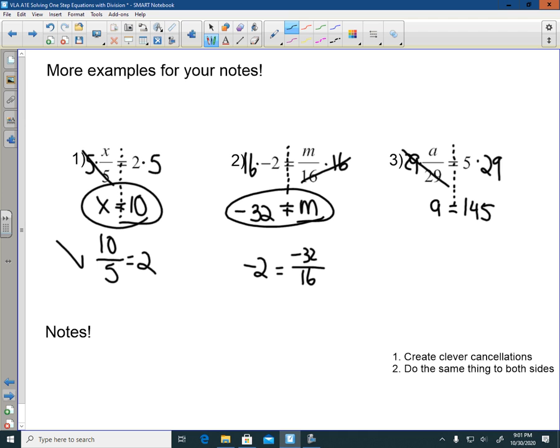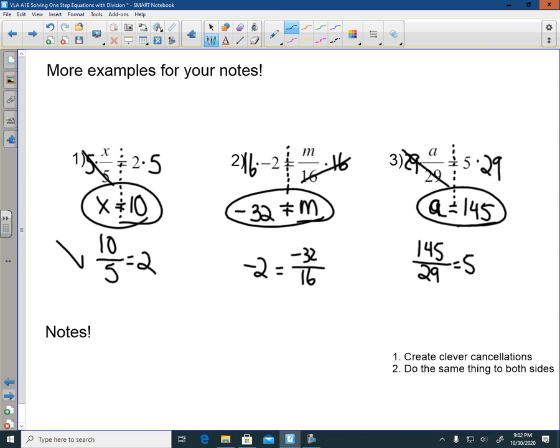Are we right? Is 145 divided by 29 equal to 5? Well, let's see. 145 divided by 29. Sure enough. And so we have the correct answer. That looks a little like a 9, so I'm going to make it look more like an a.